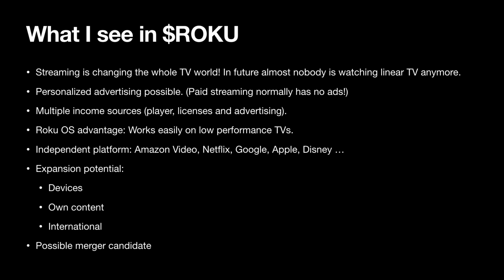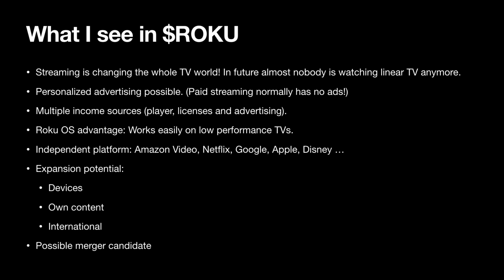Another thing I stumbled upon in an interview was this Roku OS advantage, and I find it very interesting because the Roku OS is built in such a way that it's also running on low performance TVs. Amazon Video, for example, is using Android as an operating system for their Fire TVs. And they need a lot of power, so CPU power and a lot of RAM to run their operating system.